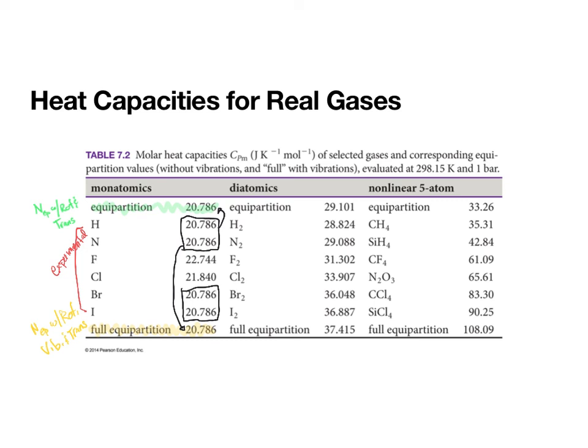Fluorine and chlorine are a little bit off, and this turns out that there are some strange electronic transitions that can happen here. We haven't talked about how electronic factors into equipartition because it usually doesn't. But in these cases, it does. And that's how we explain those differences.